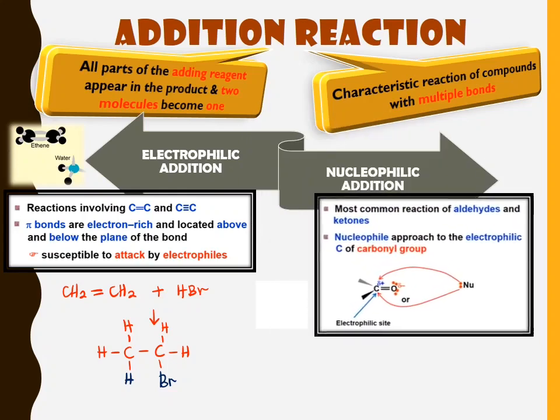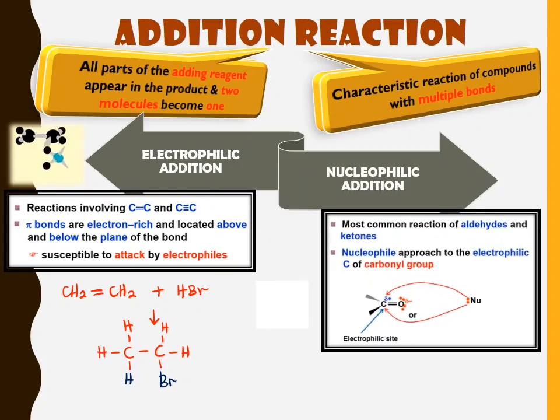Next, nucleophilic addition, the most common reaction of aldehyde and ketone. We know that aldehyde and ketone consist of C double bond O. In C double bond O, nucleophile approaches the electrophilic carbon of the carbonyl group. As we know, C double bond O in aldehyde and ketone is an electrophilic site. So now I'll show you the example of reaction.